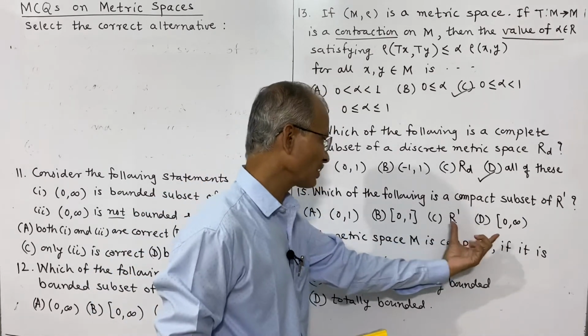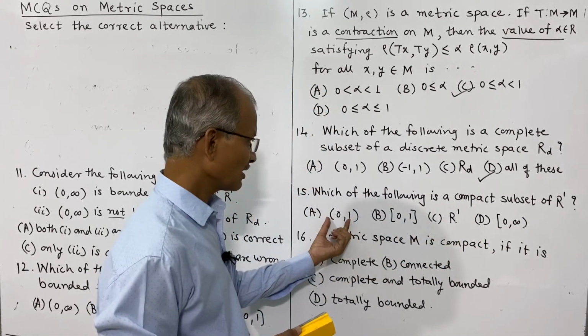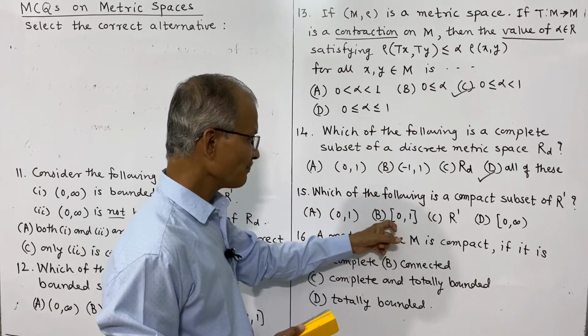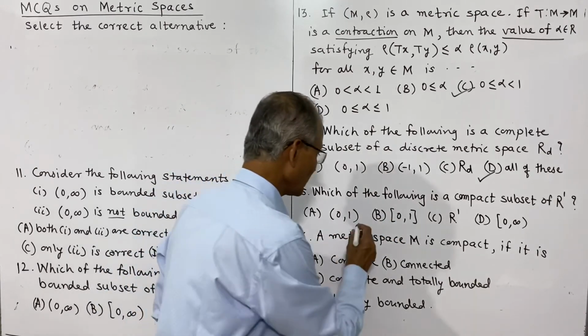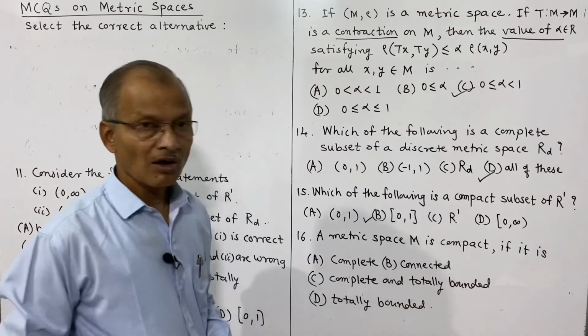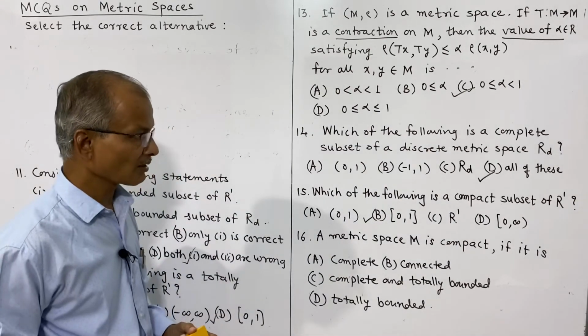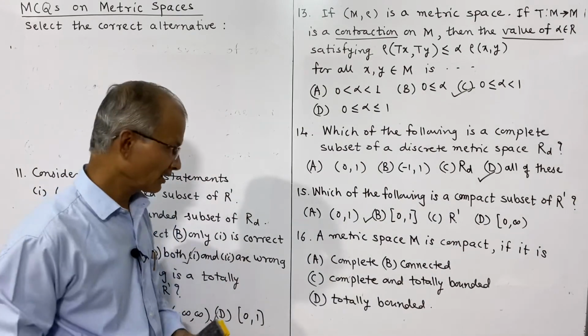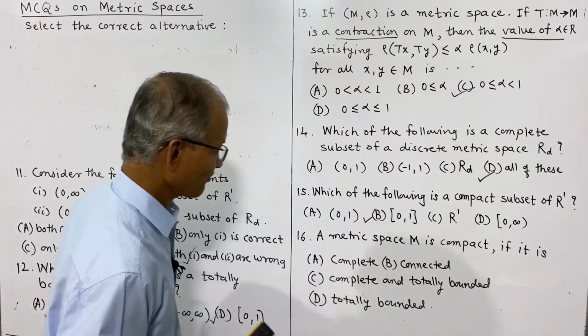These two are not totally bounded, and this is not complete. Only this one is complete and totally bounded, so it is compact. Closed bounded intervals of R1 are compact.